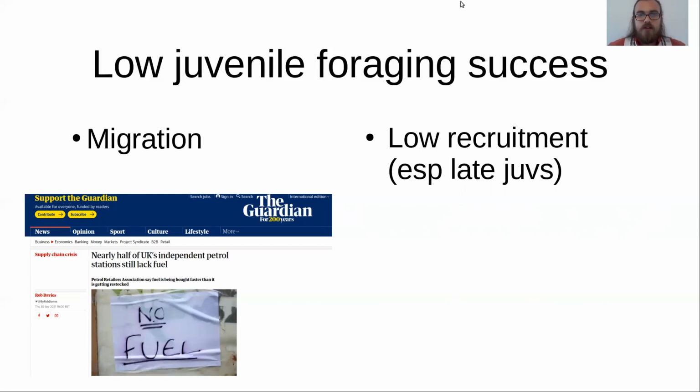I also wonder if this low foraging rate could be an explanation for the low recruitment that we see, especially in later juveniles, because they have less time to find enough food. And it suggests to me that perhaps learning in Godwits is more a factor of experience from learning over time, rather than learning by observing each other.